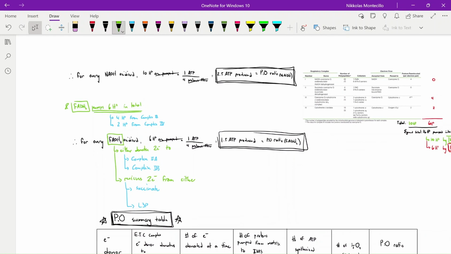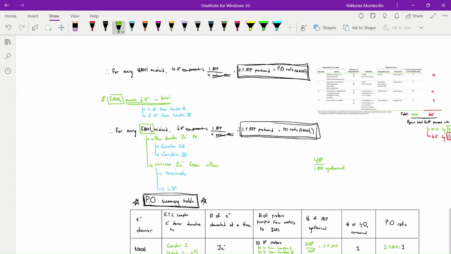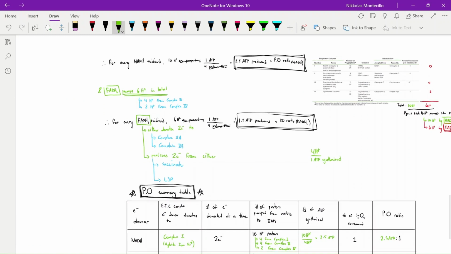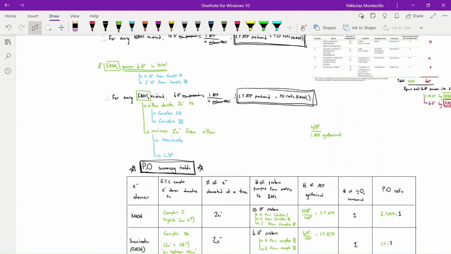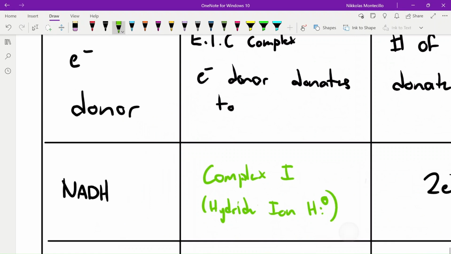That's the key idea here. 4 protons per 1 ATP synthesized. Right? So if we take a look at the P/O ratios of several molecules, we can say, for example, take a look at NADH.